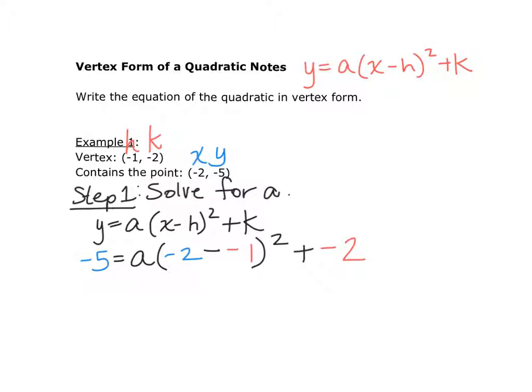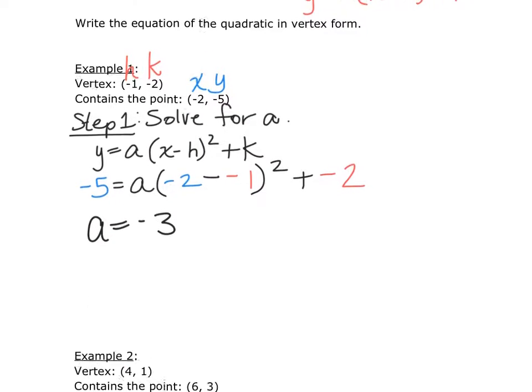Plus a negative 2. Comma. Negative 2 minus a negative 1. And then comma a at the end. And what do we get? Negative 3. So, using nSolve, we got a equals negative 3.